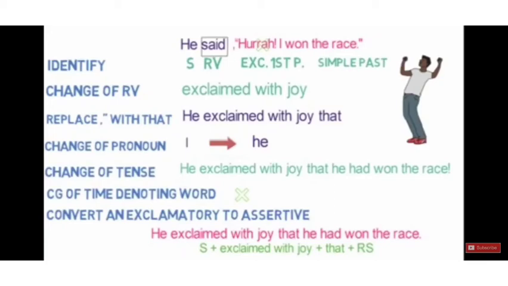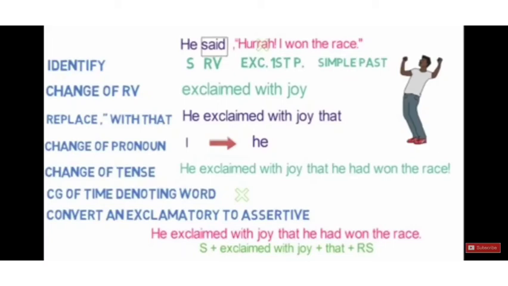Step 6 is change of time denoting words. As there is no time denoting word, this step won't come here. Step 7 is converting an exclamatory sentence into assertive sentence. As the sentence provides the complete meaning as we require, no need to add any additional word here.